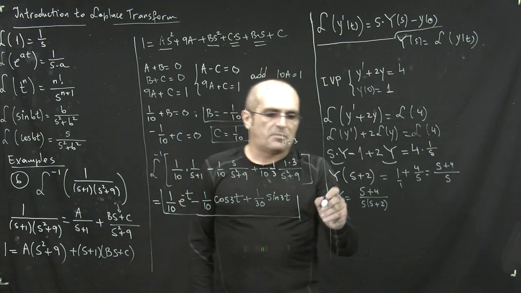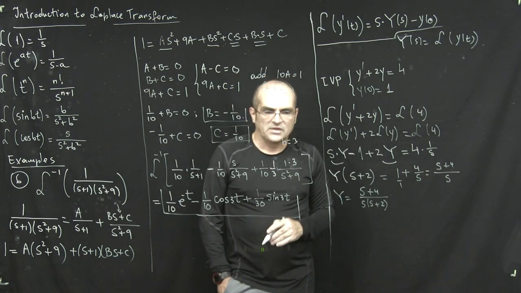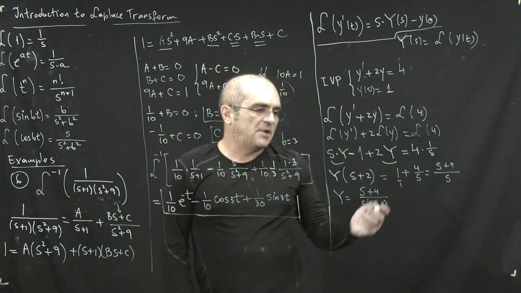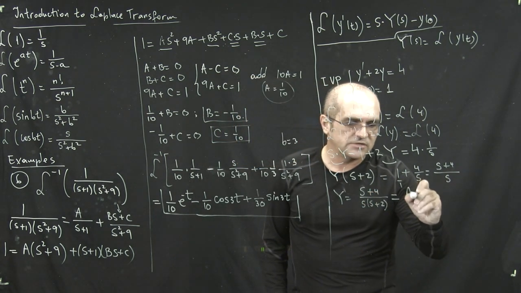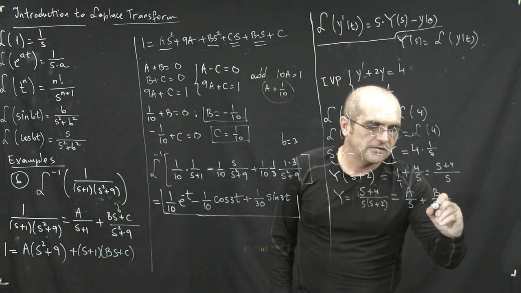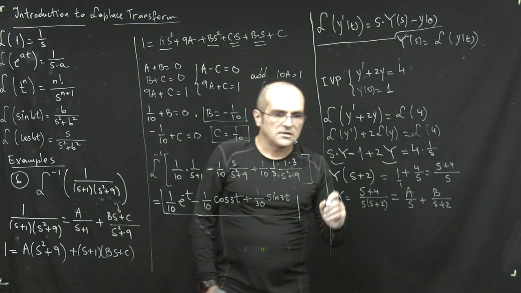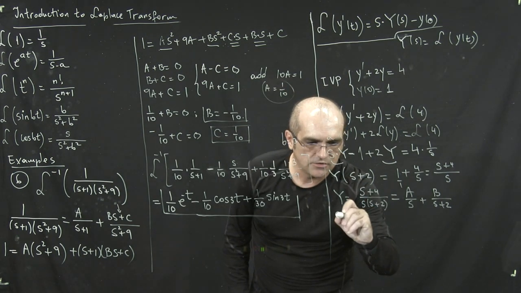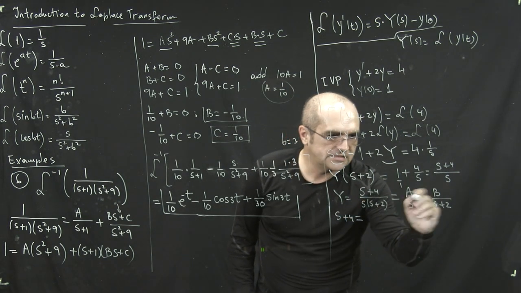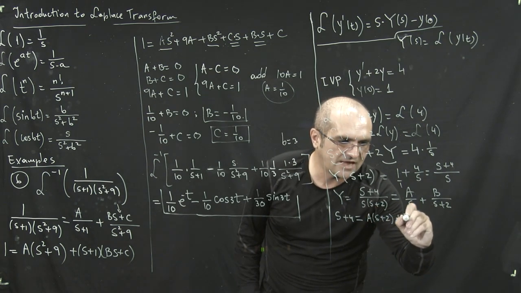All you have to do is to go back to the original little y via the inverse Laplace transform. Some work to do still, right? We have to split this into partial fractions of this type. That means s plus 4, the numerator, is a times s plus 2 plus b times s.